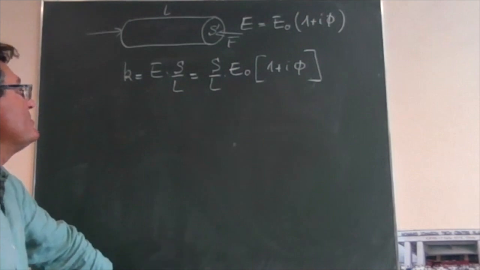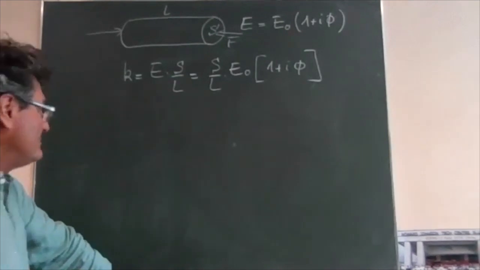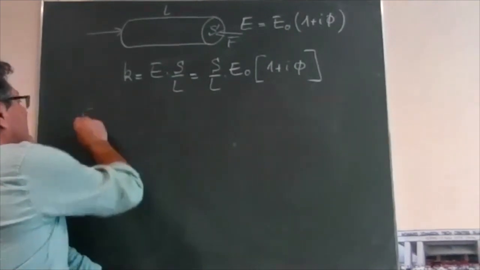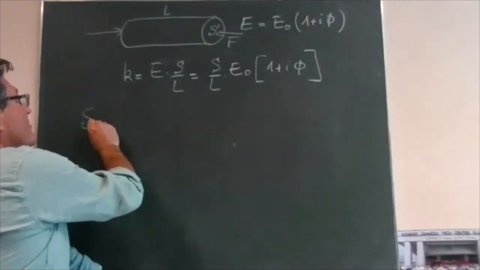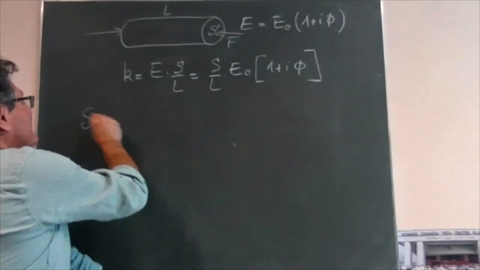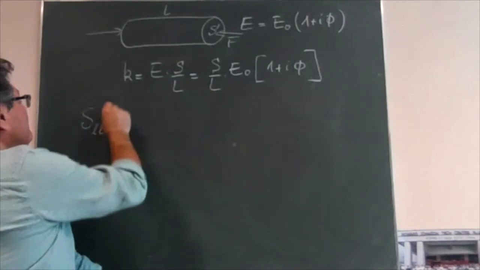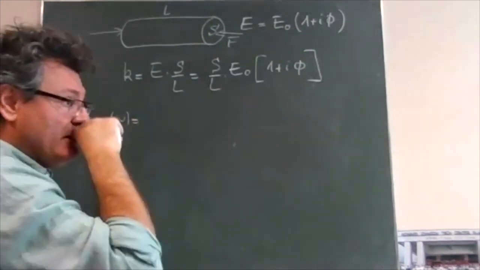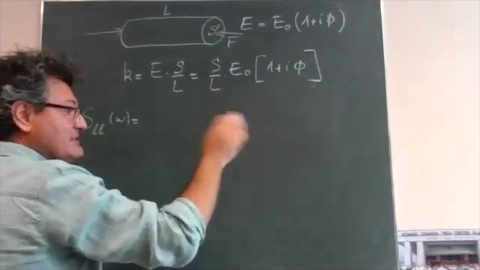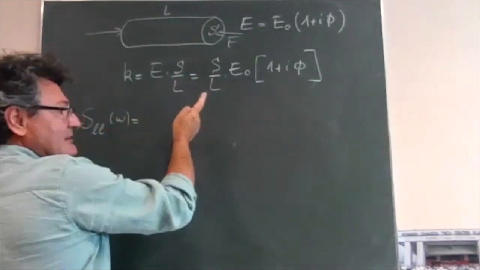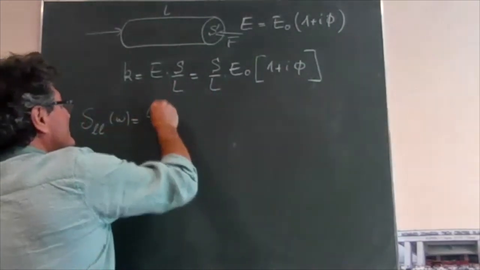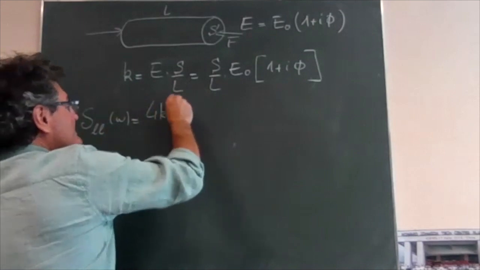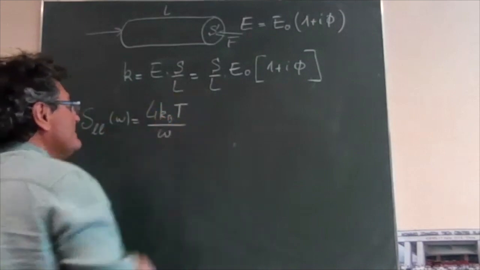That's great. So the power spectral density of the length, single sided, so considering the frequency just positive, is 4 kB T divided by omega.